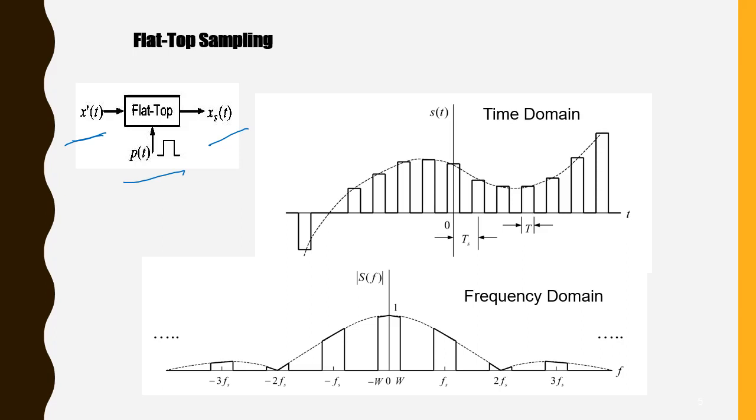It is nothing but my earlier natural sampling process, that is x of t into xp of t for the same pulse train. Now I am taking one more pulse train, p of t, to generate my new sampled value xs of t. That signal we are assuming here as s of t.